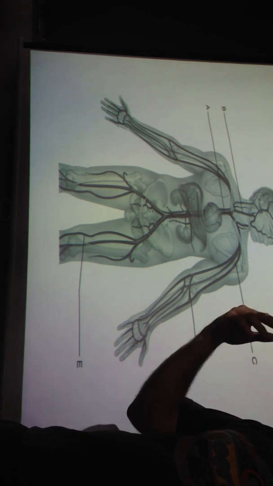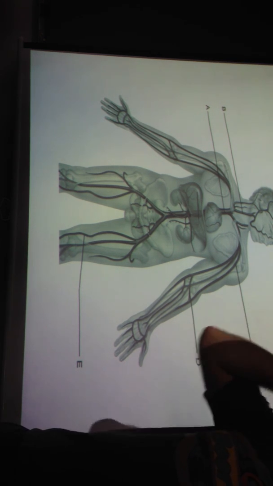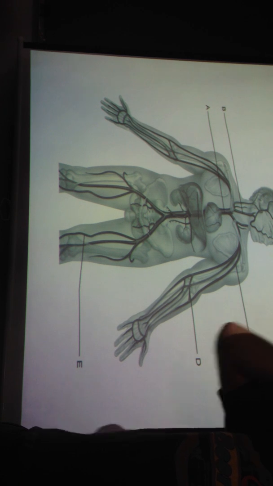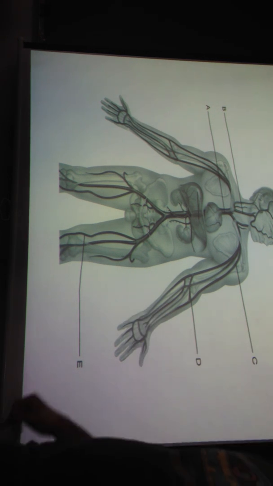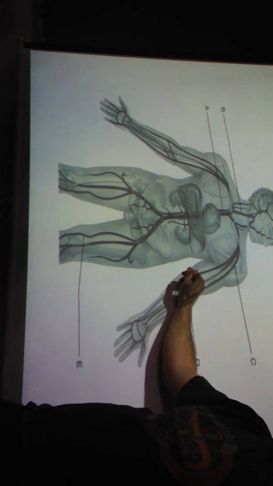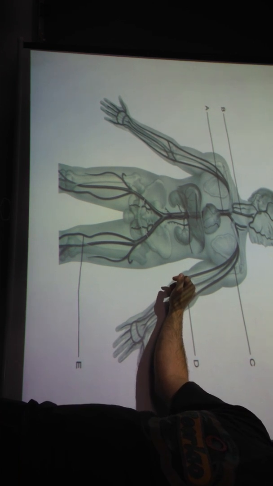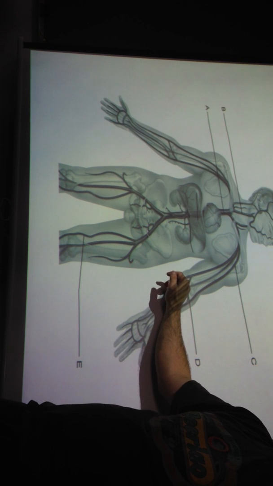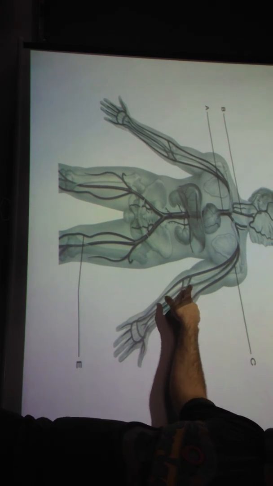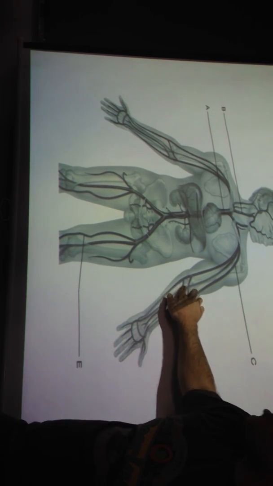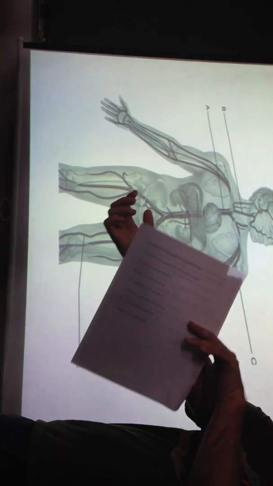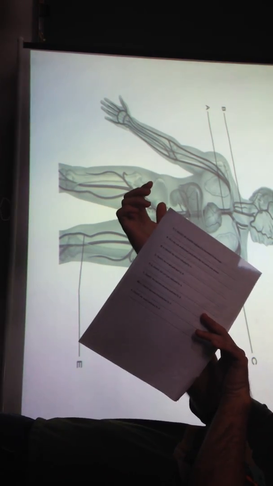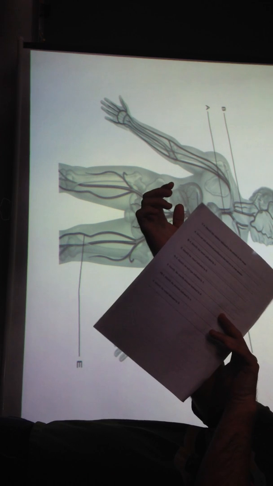It's probably because it drains into the brachiocephalic, but you would think that something called the cephalic vein would be draining blood from the head. Alrighty, and then this one running deep through the middle is the brachial vein, and this guy in here is the basilic vein. And then this guy right here, where it runs across the anterior portion of the elbow, is called the median antecubital, and I want everybody to know that one.